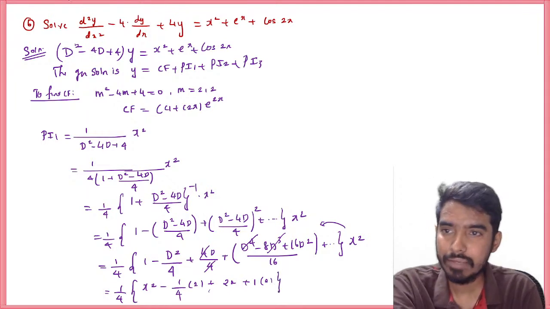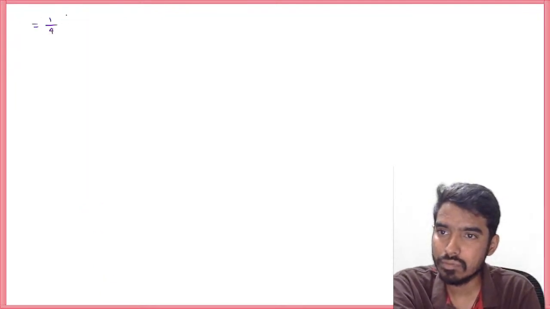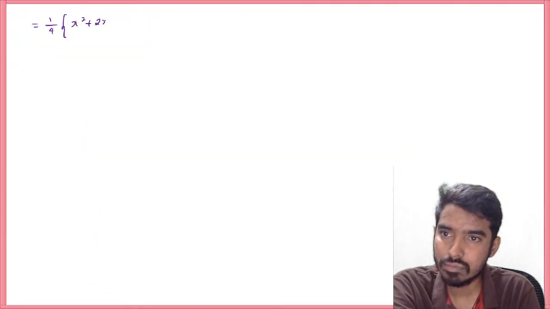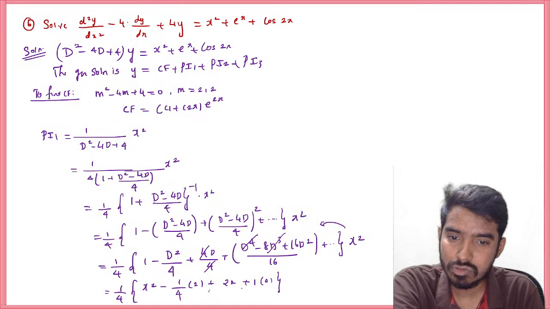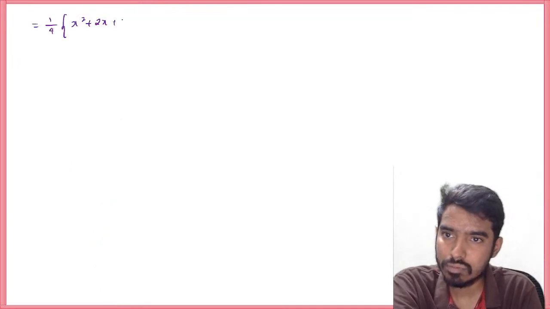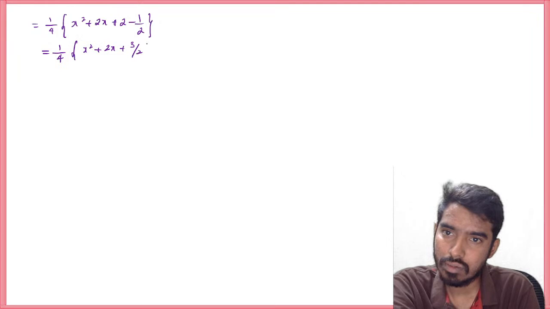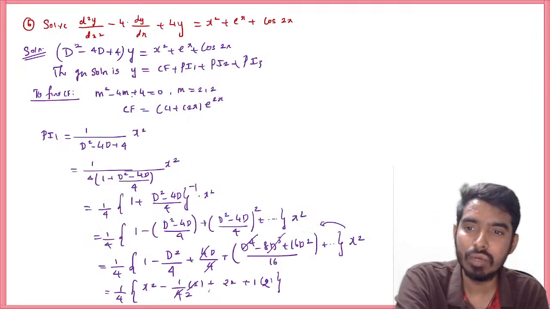So this will be 1 by 4 (x square plus 2x), x square plus 2x, this will be 2, 2 minus 1 by 2. So 1 by 4 x square plus 2x plus 3 by 2. This is your PI1 value.